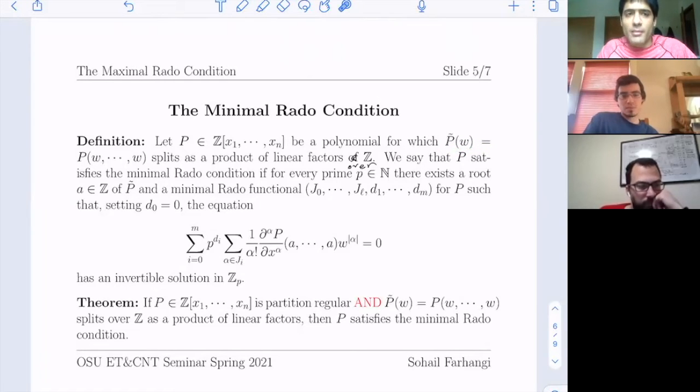And that's why I pointed out with the previous example, it does factor as a product of linear factors when you set all the variables to be the same.